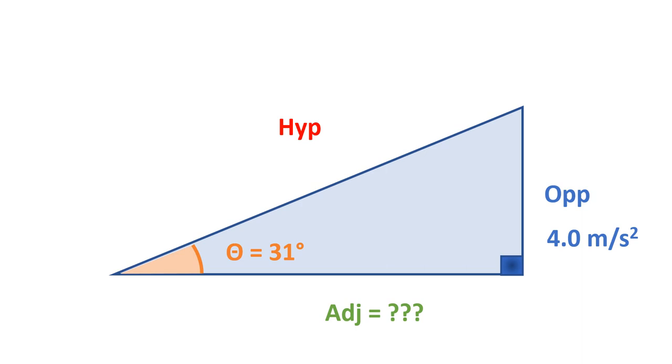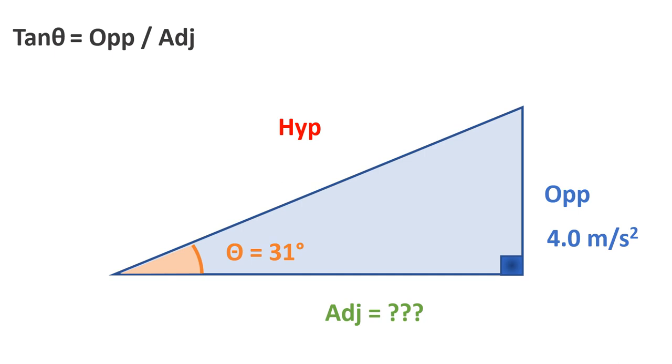Okay, so first and foremost, we need to decide which equation we're going to use. And hopefully you selected tangent of theta equals opposite over adjacent. From there, we need to plug in the values that we know. So in this instance, tangent doesn't have a number, it's just a function on your calculator.